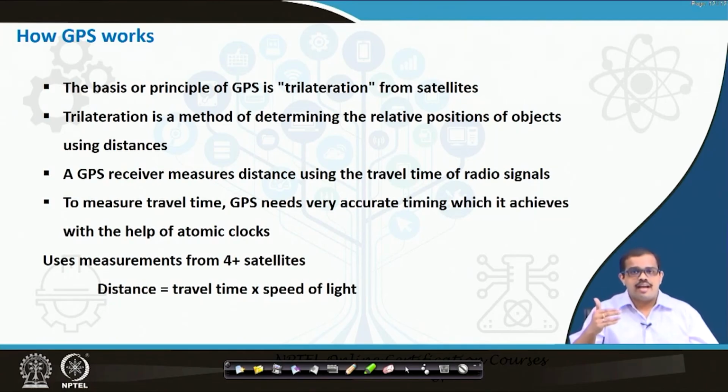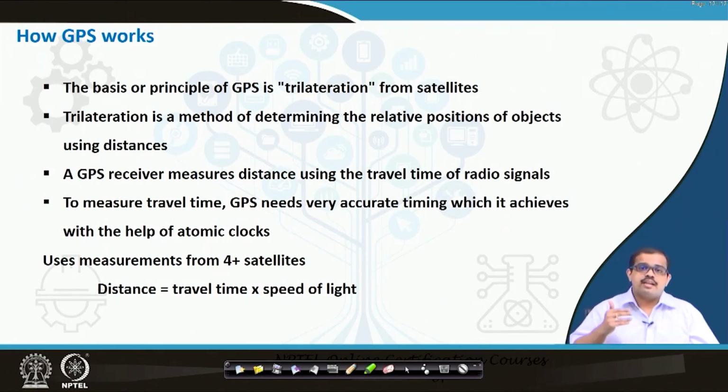I did inform you that once the corrected signals are sent back from the control stations to the GPS system, GPS sends radio signals to the Earth's surface, or the user segment. With these radio signals, the major measurement done is distance using the travel time method. How do we measure it?